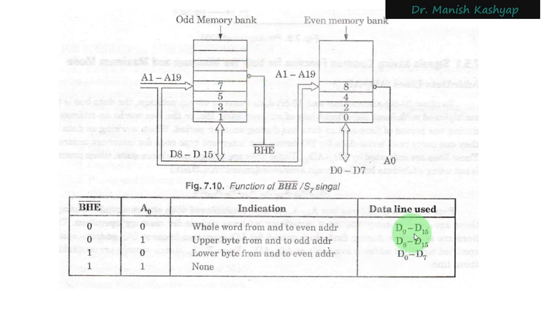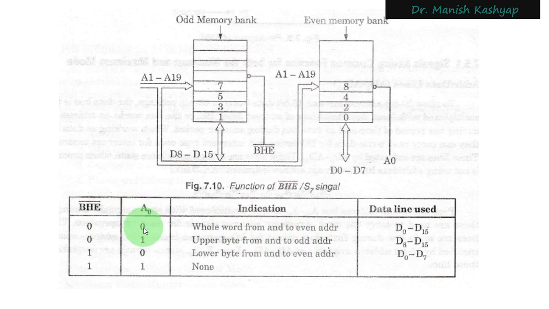In this externally interfaced memory, if you want to write one word, that simply means you have 2 bytes to write. So definitely two consecutive locations have to be written, and if they are to be written in one machine cycle, that means at once, then we use this combination.